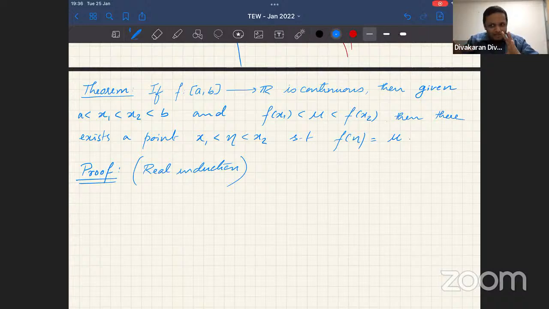So what are we doing here? In some sense, we are assuming something, finding the smallest possible number for which this is satisfied, and then saying that this cannot be the smallest thing that satisfies it, because that leads to a contradiction. And that is exactly what we are going to do in this proof. We will define a property and say that this property is satisfied for this class of numbers.